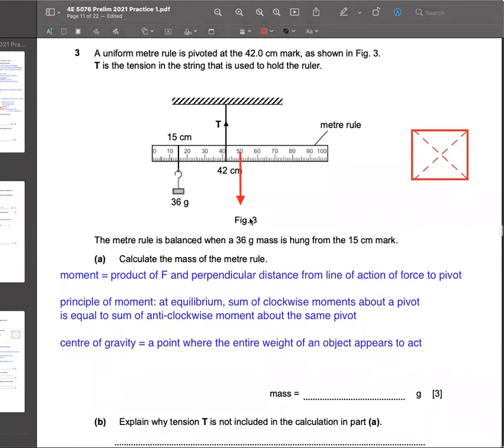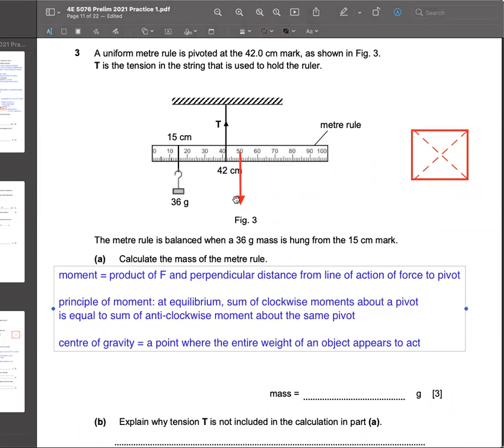Okay. So in this question, what's the mass of the ruler? 36. Wait, no. So you must draw moments. Is this CM or ACM? This is ACM.